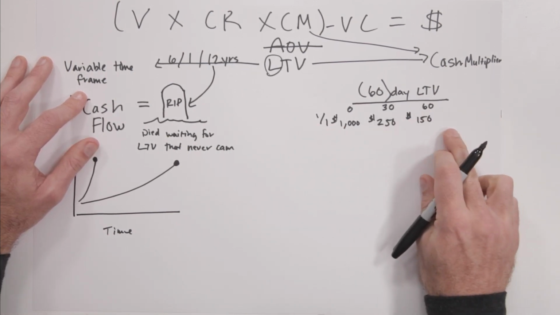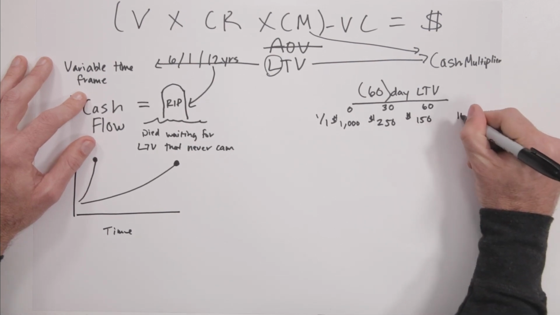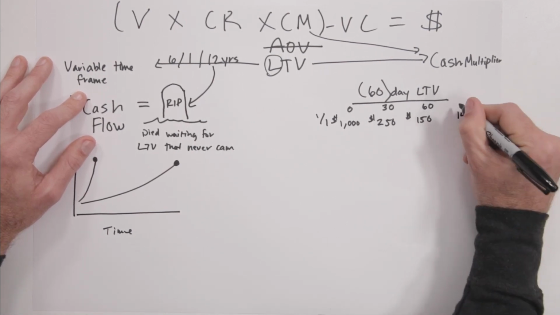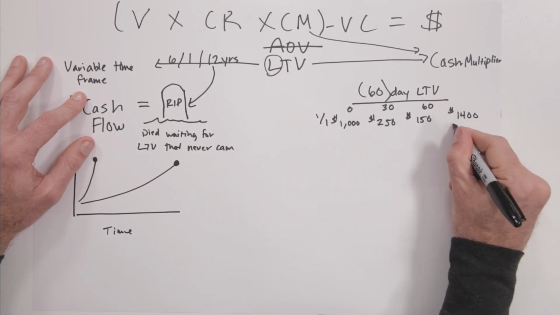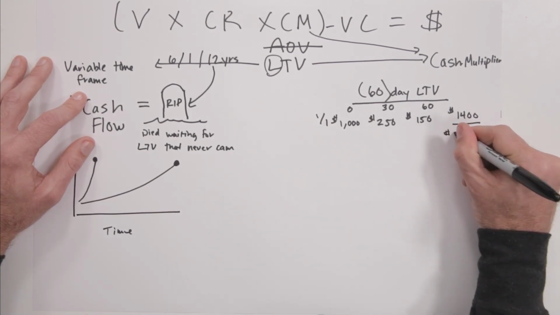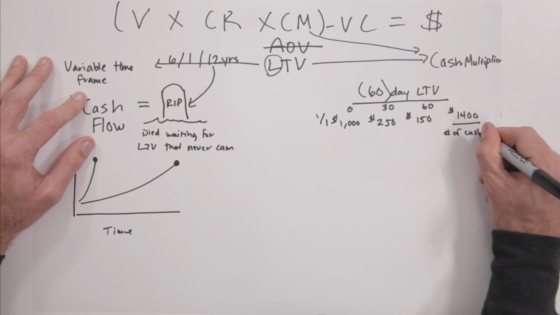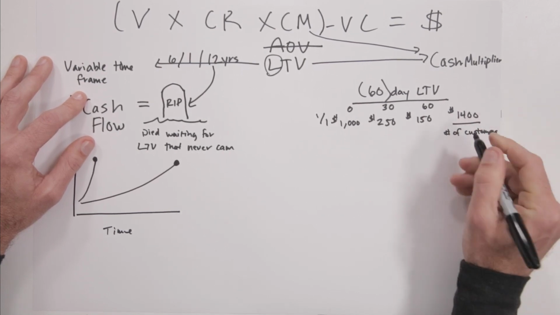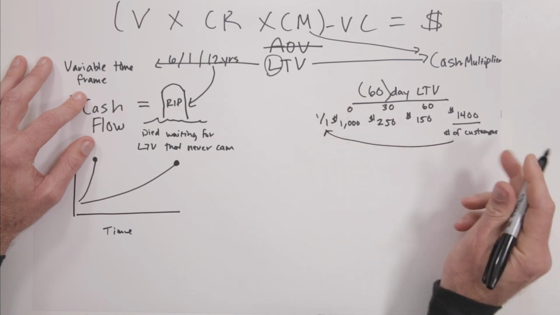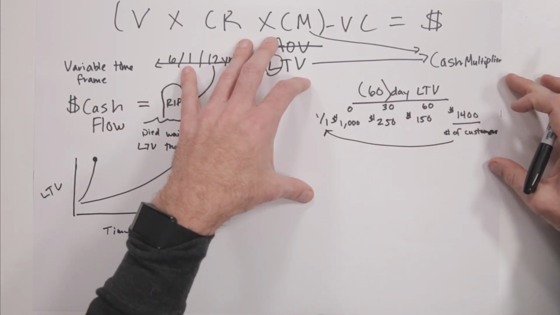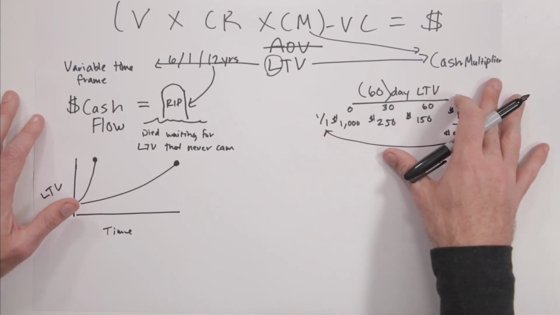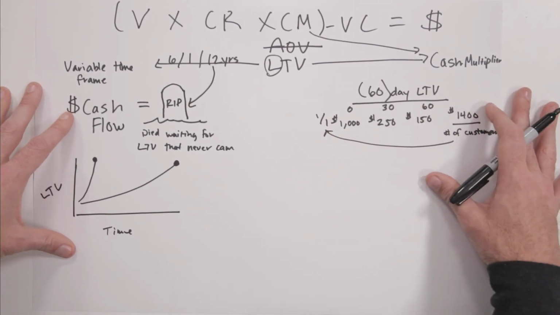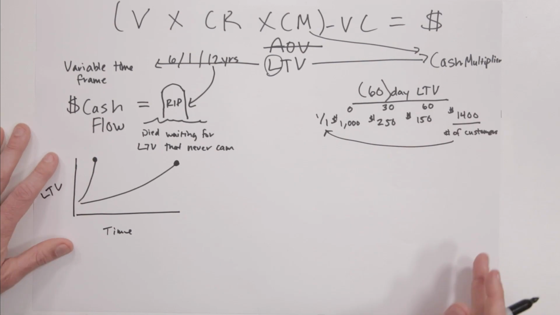So over the course of 60 days, there is $1,400 in value created, divided by the number of customers in the initial cohort. That's going to give me my 60-day LTV. There are a lot of great tools to do this, a few of which we will screenshot and discuss below to help you get access to this data.